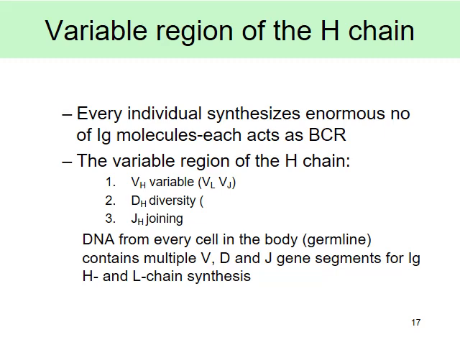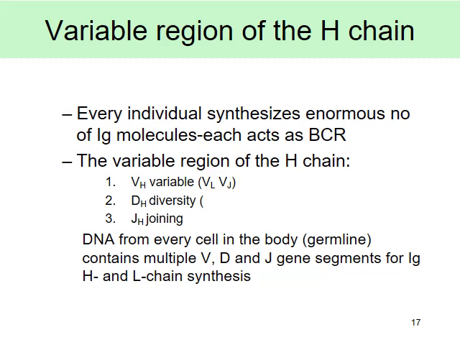And this variability can be present, as I said, in VDJ. V stands for variable, D stands for diversity, J stands for joining. So these are all the choices that you have, to pick and choose from V, D, J, and constant.